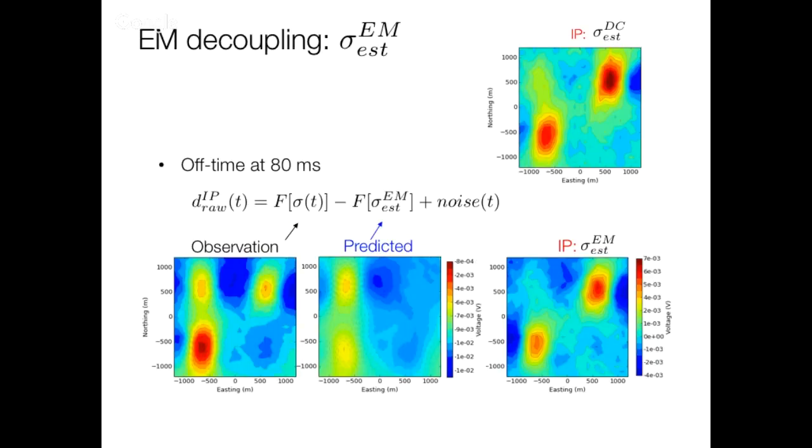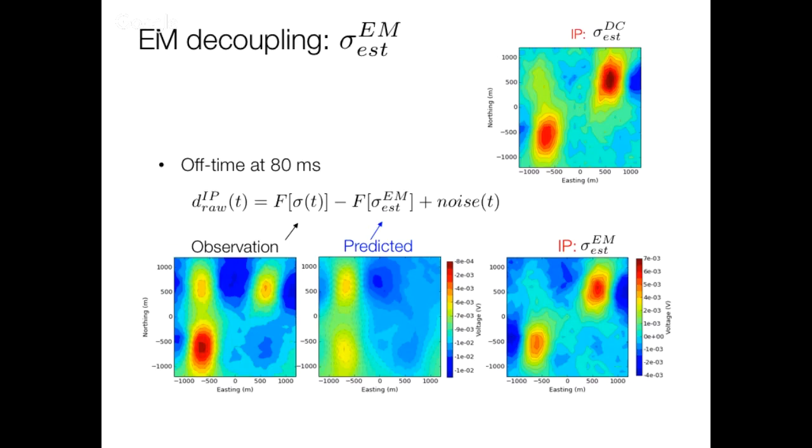So if we use that conductivity, here are the predicted responses. That's the fundamental response, subtract, and now we get this. This is actually quite good, especially in getting rid of this.